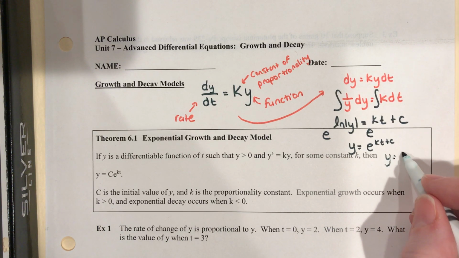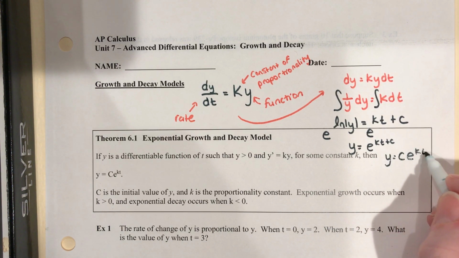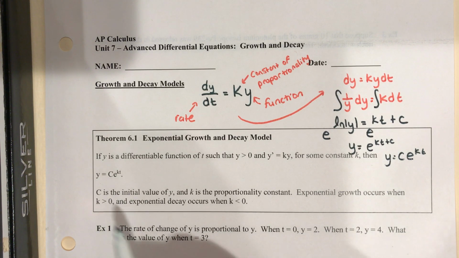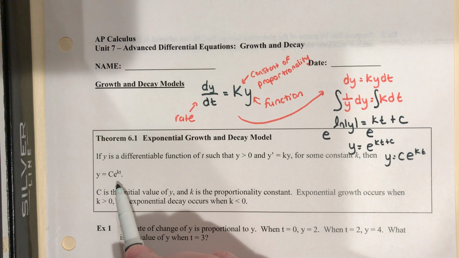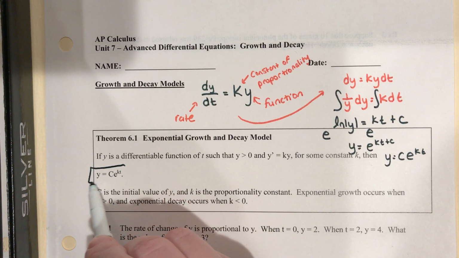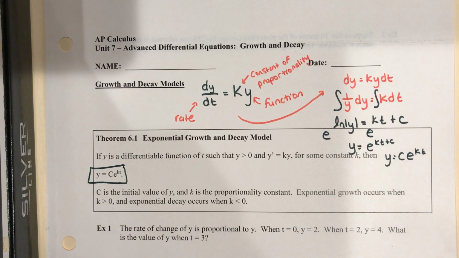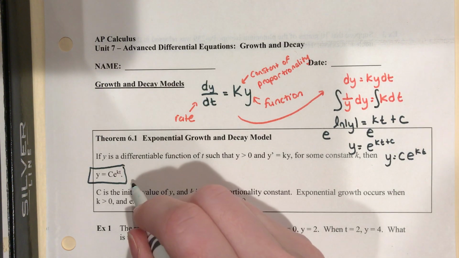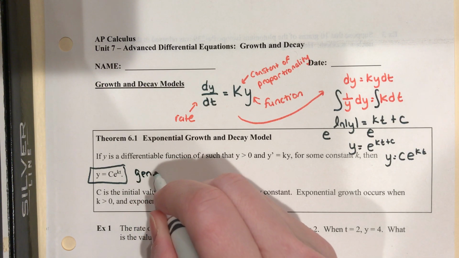So y equals ce to the kt. Now that actually follows along with the theorem that we have for exponential growth and decay. Y equals ce to the kt. It's actually always going to be our solution of a differential equation that's a direct proportion. So I'm going to label this a general solution.